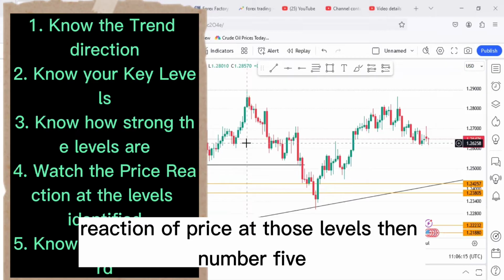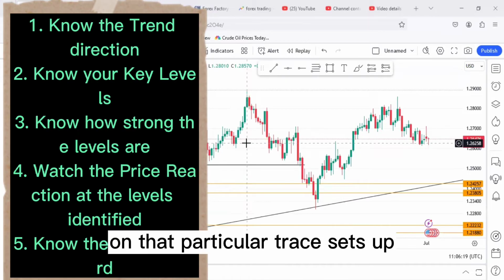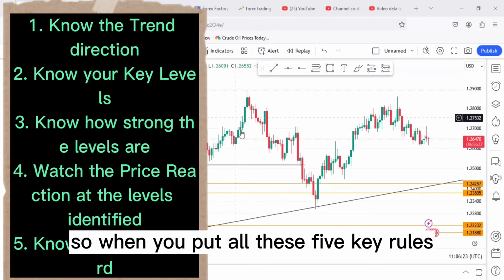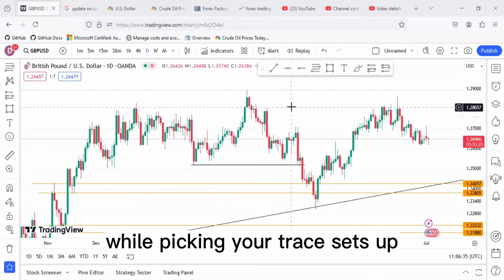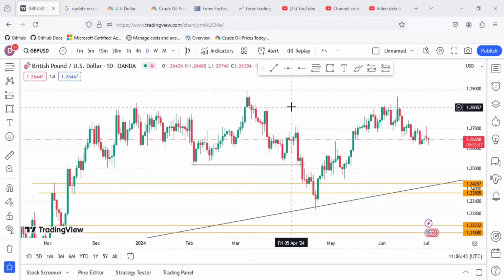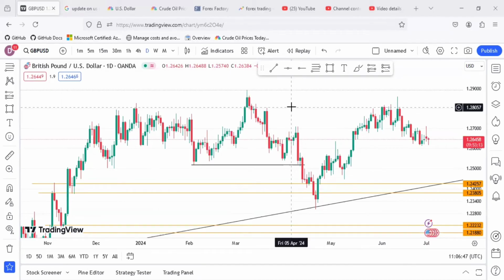Then number 5, you need to look at the risk reward of that particular trade setup you're about to take. So when you put all these 5 key rules into consideration while picking your trade setup, then you'll be able to pick a high probability trade setup, the trade setup that will increase your win rate.